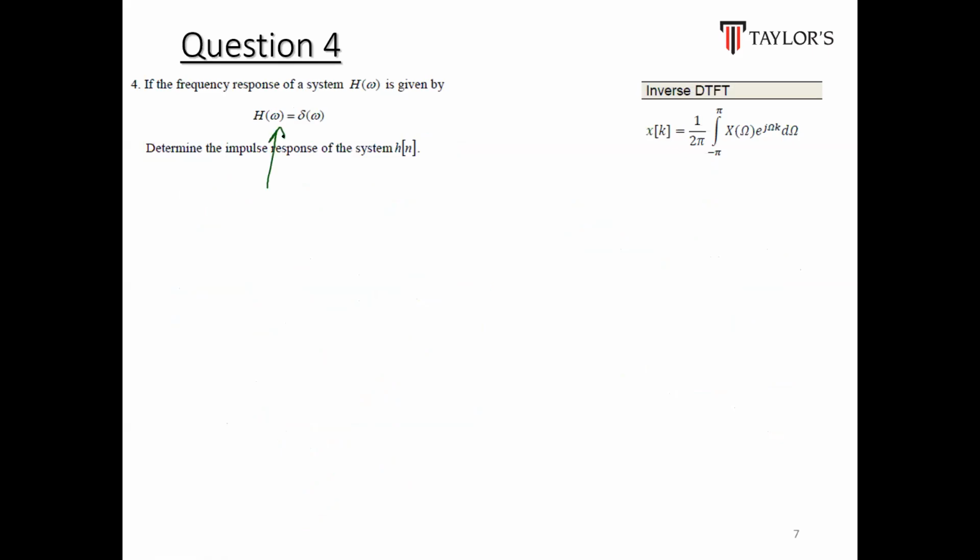It can apply here also. We know that if we have delta n, it will become 1, correct? From our previous questions. So by doing the duality theorem, 1 will just be 2π multiplied by delta ω. This is what the duality theorem tells us.